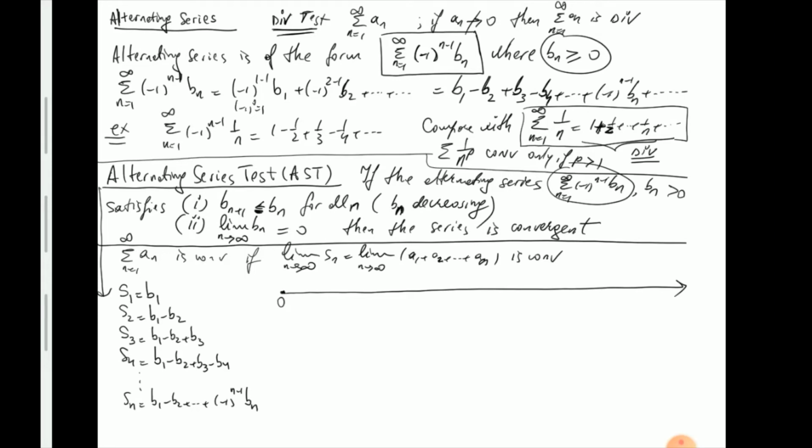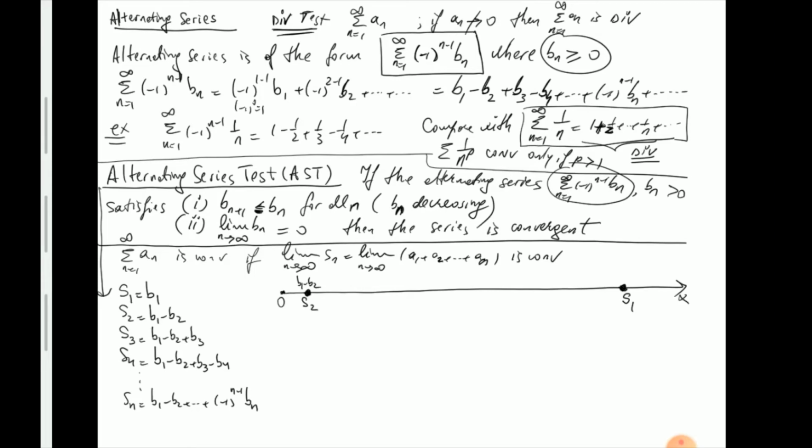So b1 is going to be the biggest one. b1, which is identical to S1, the first partial sum, let's say is positioned over there on the x-axis. And then you subtract b2. But b2 is less than b1, so you're not going to go all the way back to 0, but somewhere ahead of 0, here. This is b1 minus b2, the second partial sum.